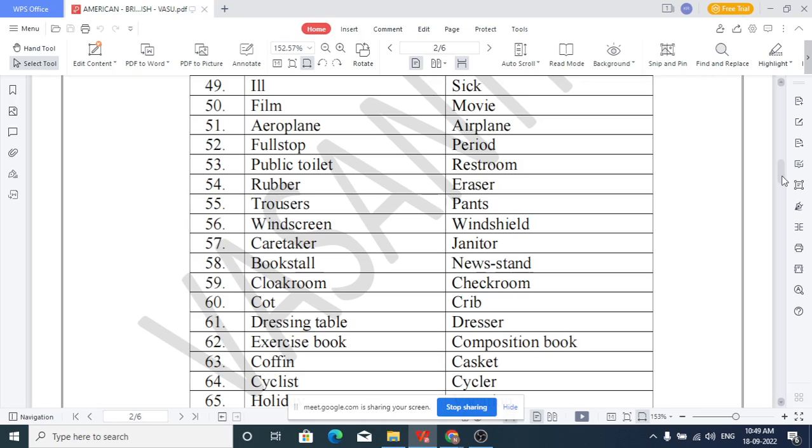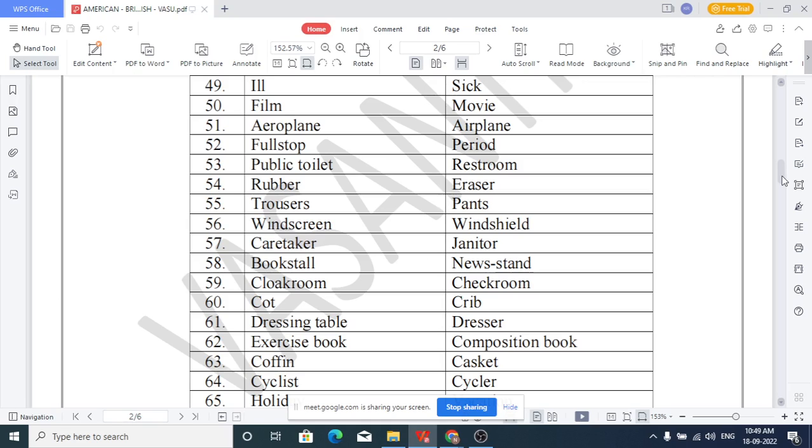Ill, sick. Film, movie. Aeroplane, airplane. Full stop, period. Public toilet, restroom. You can see in many places, like if you go to the mall or any cinema hall, they put restroom. They don't call it public toilet.